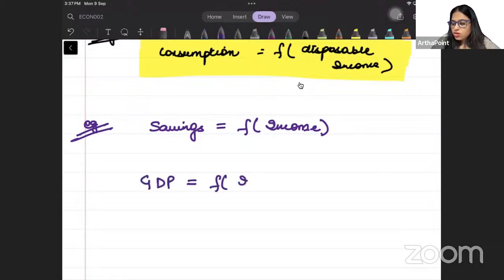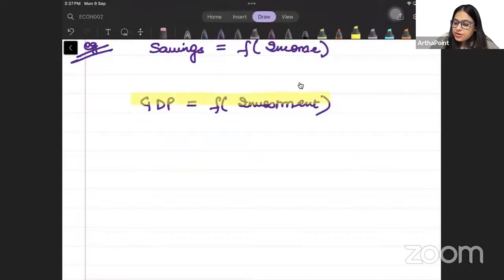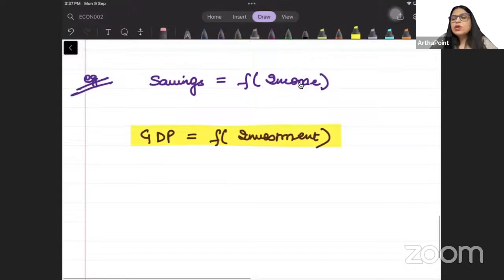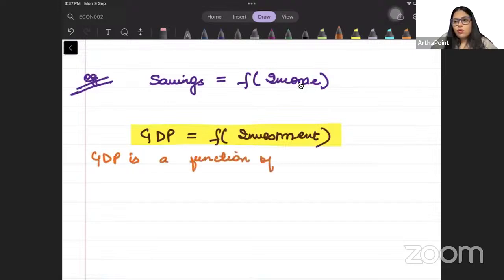It depends on the investment in the country. जिस कंट्री में इन्वेस्टमेंट ज्यादा होगी, whichever country will have more investment, it will have more GDP. Whichever country will have less investment, it will have less GDP. So investment affects the GDP of the country. So GDP कैसे लिख सकते हैं हम इसे? GDP is a function of investment.